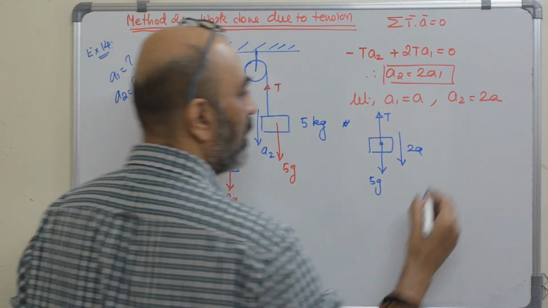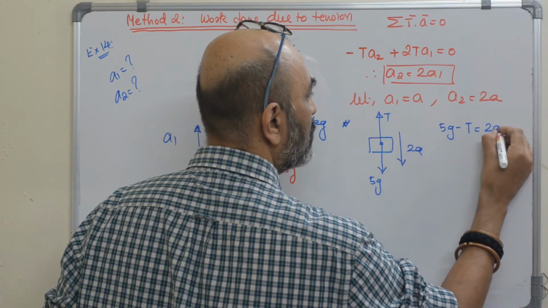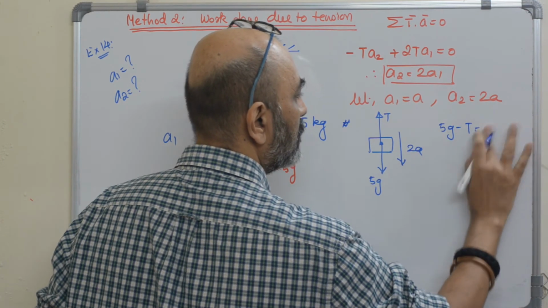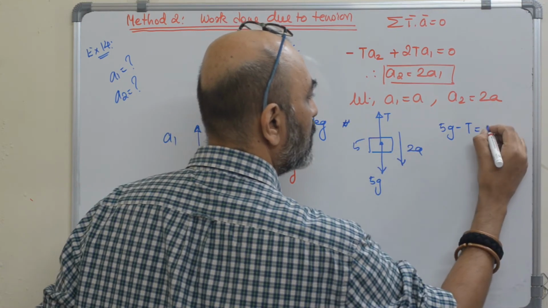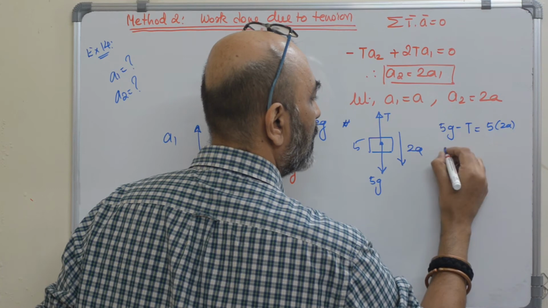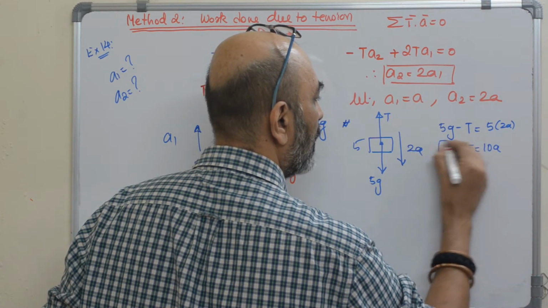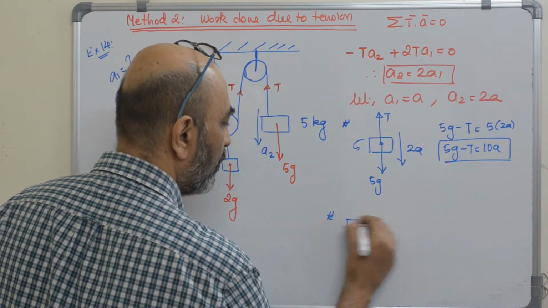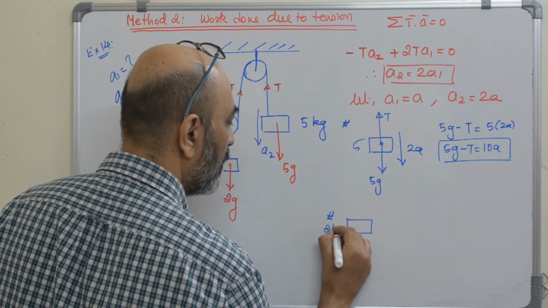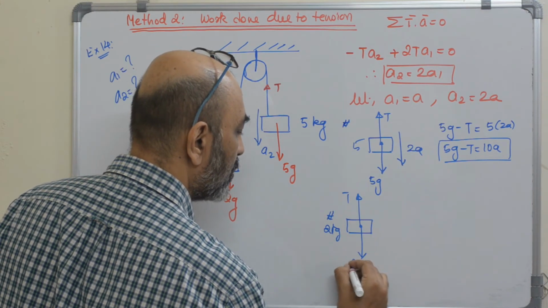So using the free body diagram, we can write 5g minus T is equal to mass 5 kg into acceleration 2A, that is 5g minus T is 10A. And for the second mass we have 2 kg mass, that is tension, that is 2g.